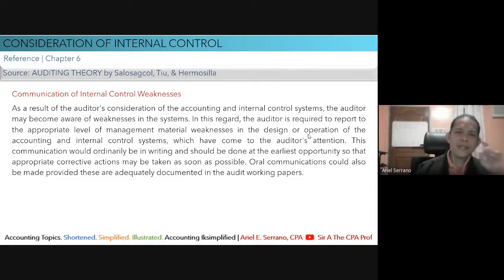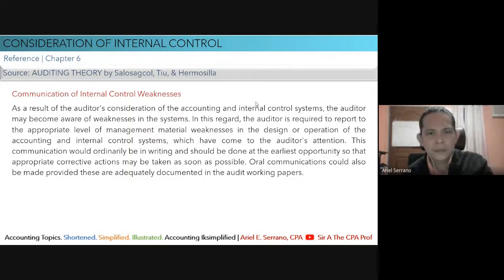When we say control weaknesses, it may be in the design or in the operation, not necessarily design only. Okay? So it says here, which have come to the auditor's attention during your understanding and during your test of controls.